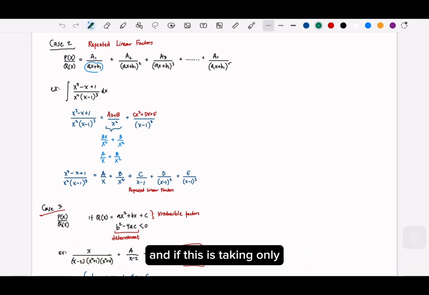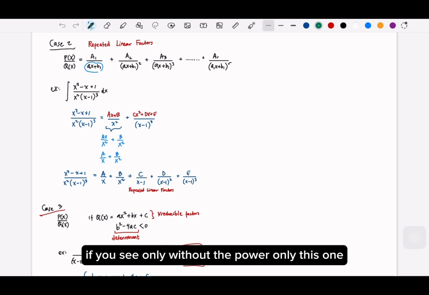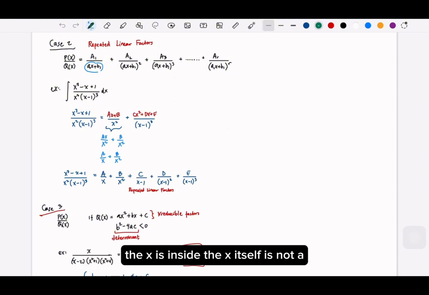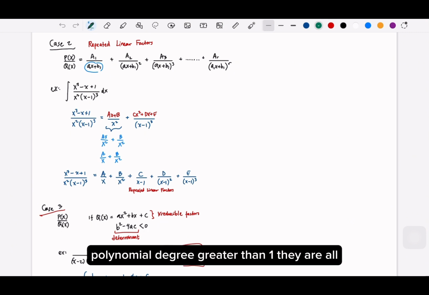And if we take only the one without the power, the x itself is not a polynomial of degree greater than 1. They are all linear factors.